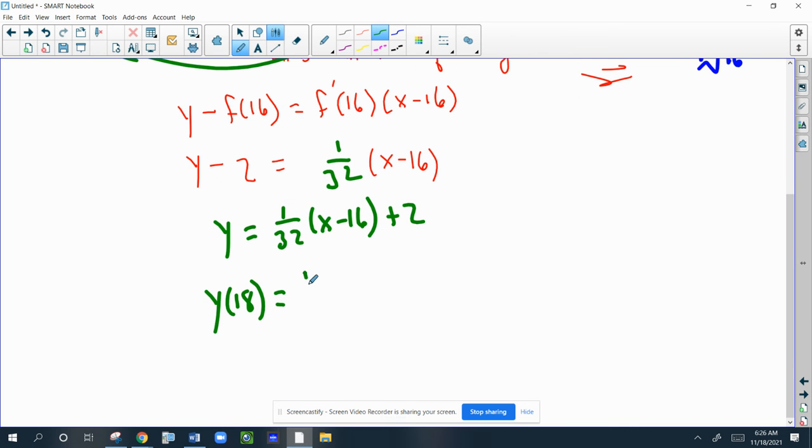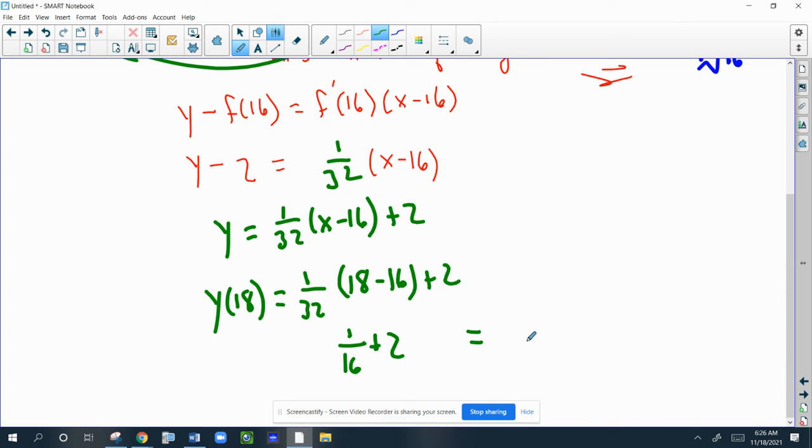So let's do it. y of 18, you plug in 18 for x. So we have 1 over 32 times 2. That's going to be 1 over 16. 1 over 16 is 0.0625.